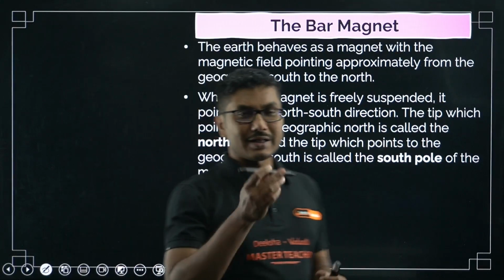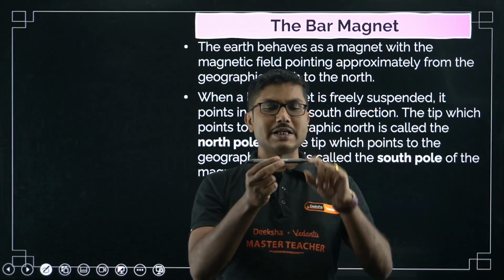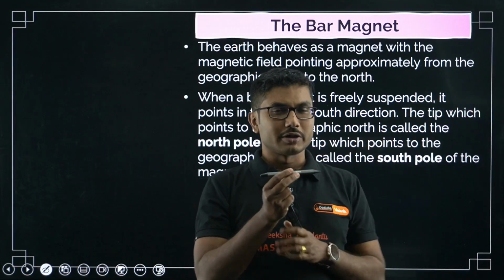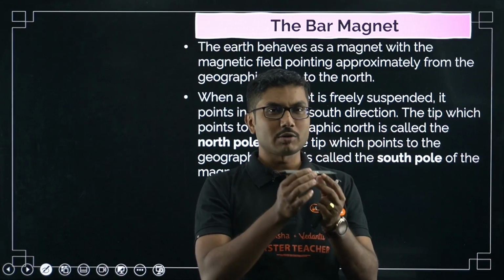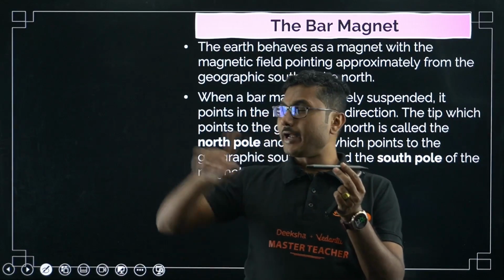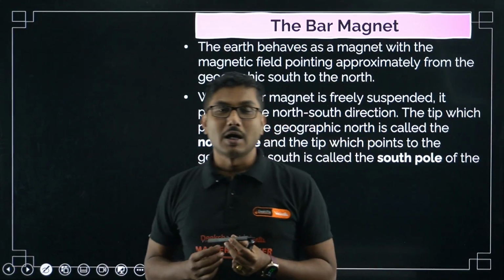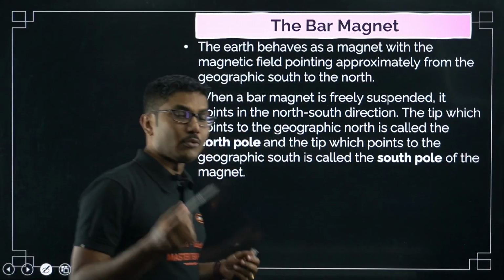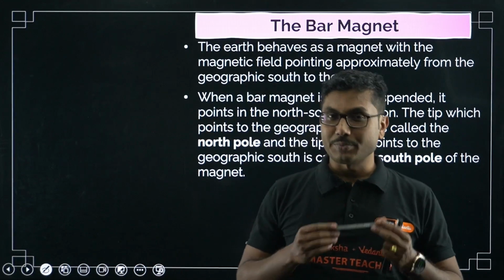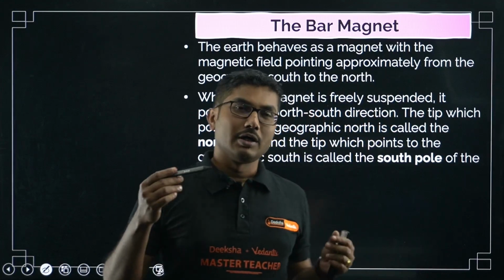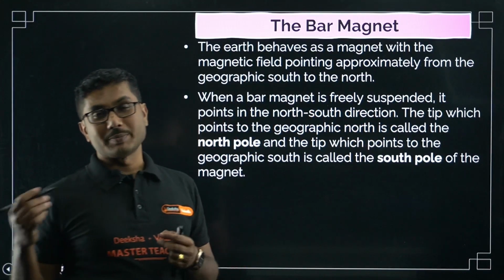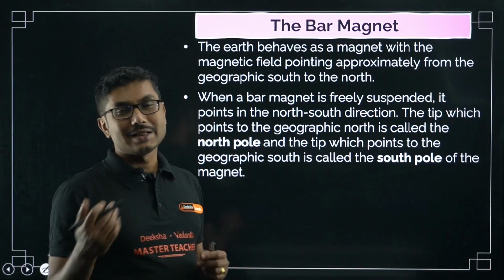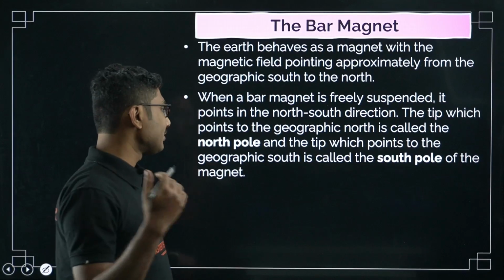So if this end points towards the geographic north, I will say this is the north pole of the magnet, and if this end points towards the geographic south, we call it the south pole of the magnet. The names of the poles come from the fact that when you suspend it on the Earth, it points towards a particular direction.